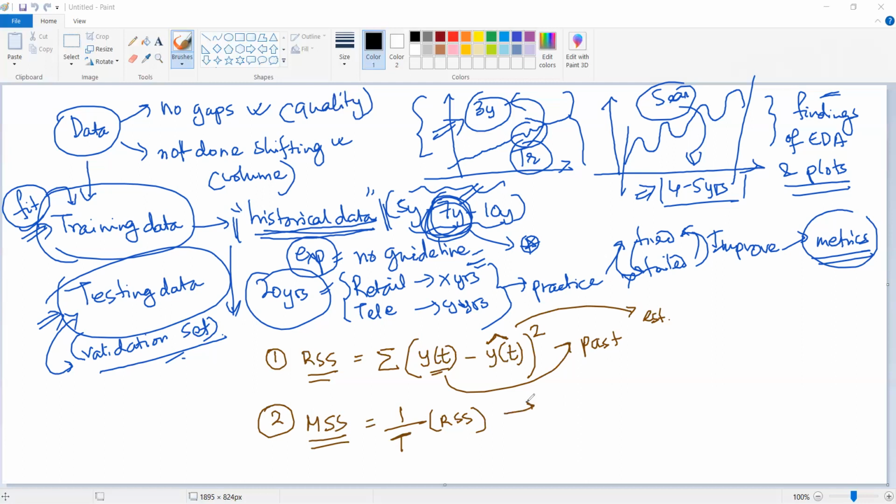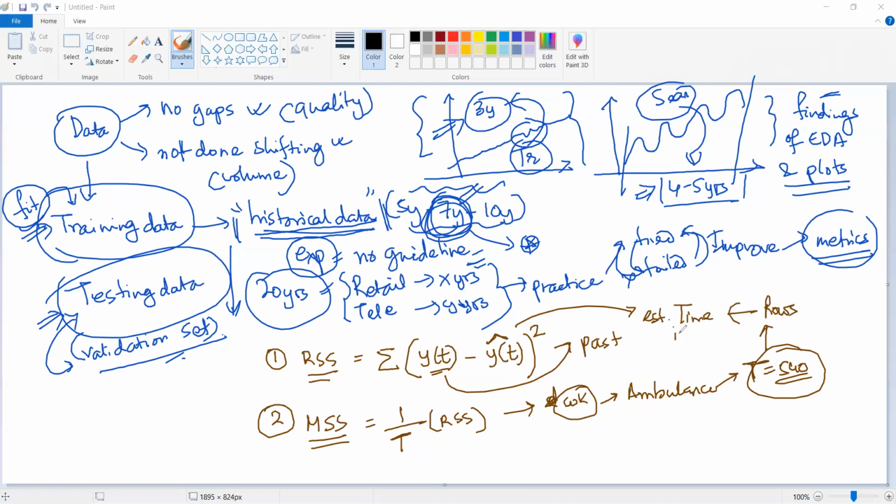For example, in the weekly data of the ambulance driver example I was taking yesterday, if I'm not wrong, the value of T will be 540, because I have 540 rows of data, or 540 time instances.